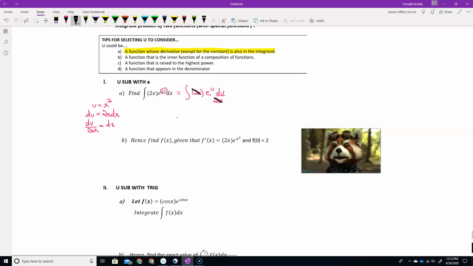So now I'm just integrating e to the u, and we know that its antiderivative is itself. So this would be e to the u plus some constant c. All right, now substitute in our value of u, and there's our antiderivative, or our integral.